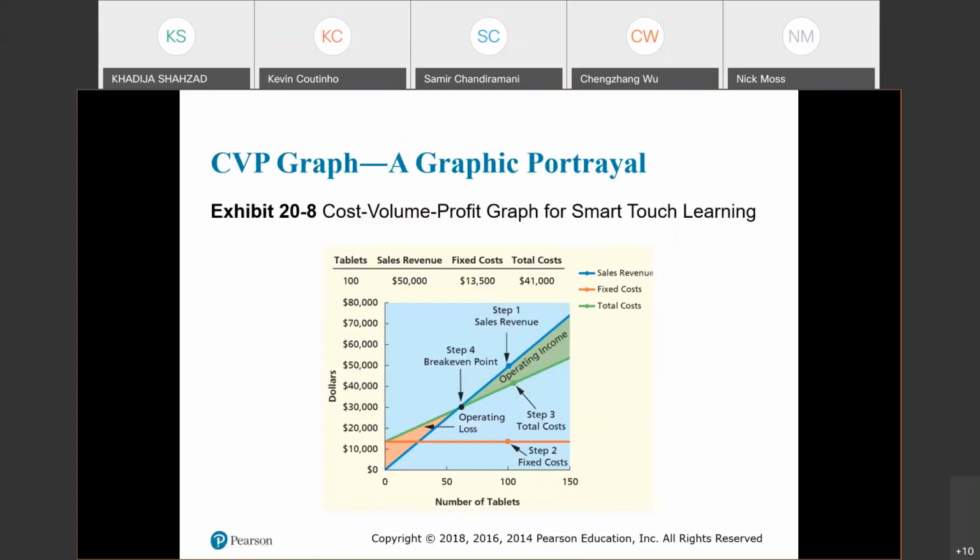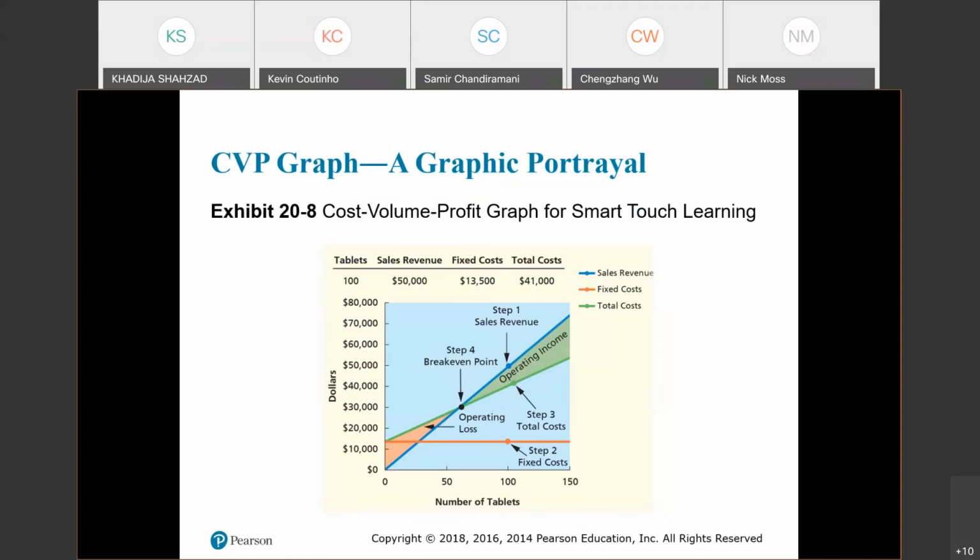As you can see, this line has a positive and a constant slope. That means if the company doesn't sell any of the product, it earns zero revenue. As the company sells more and more products, the revenue goes up.